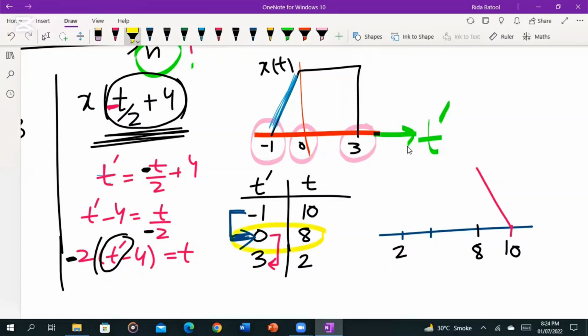At 0, the signal previously was, for example, 2. Here, the signal would be 2 at 8. So this is how you can get some help. So this is how you can draw the signal. Is it clear? So this was signal sketching.